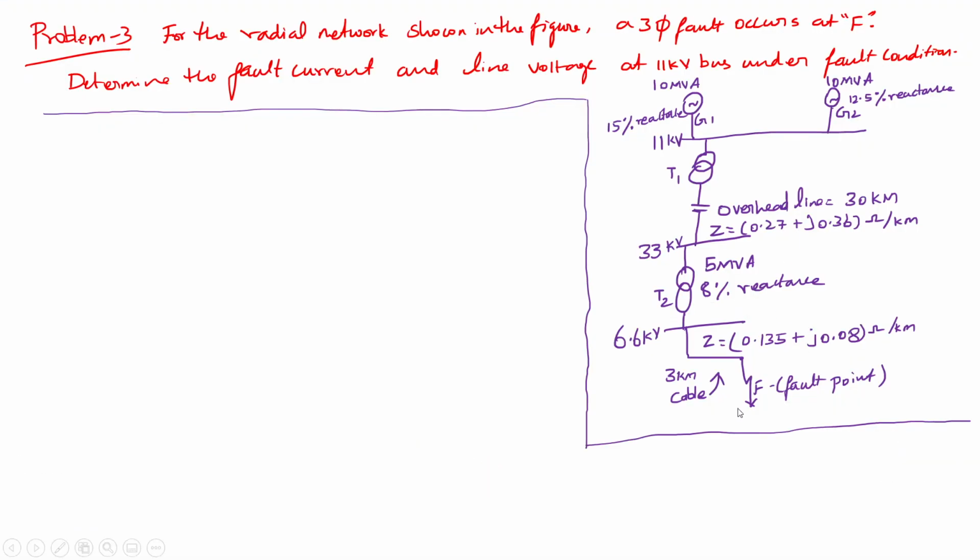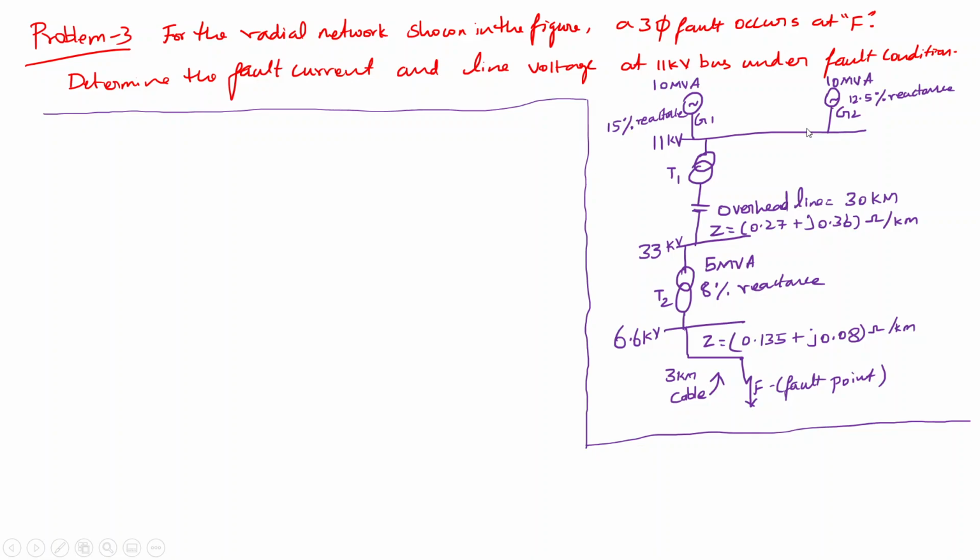So let me observe the network here. At the 11 kV bus, there are two generators connected, G1 and G2. G1 has 10 MVA, G2 also has 10 MVA, and the reactance is 15% for G1 and 12.5% for G2.